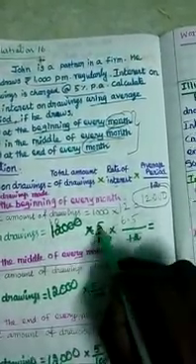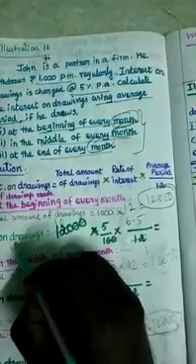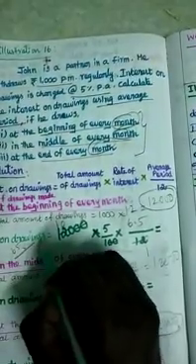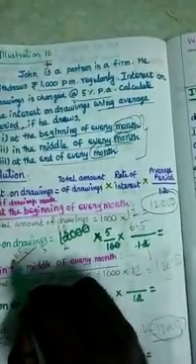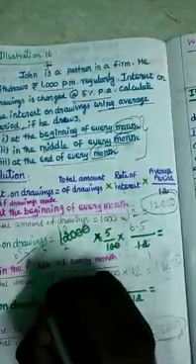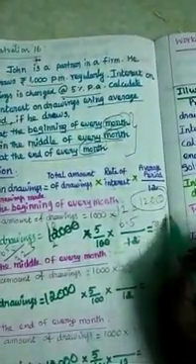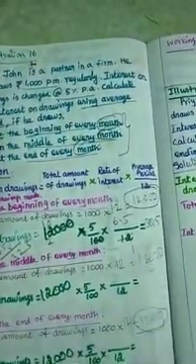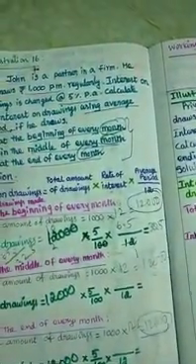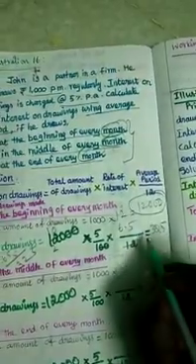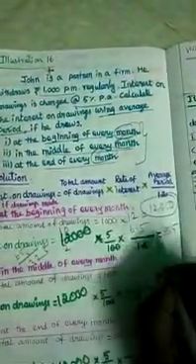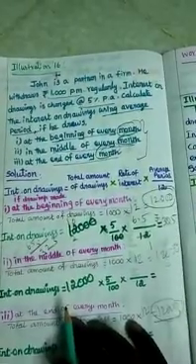Then 65 into 5: 5 fives are 25, 6 fives are 30, 30 plus 2 is 32. So we got the amount 325 rupees. That is the interest for the beginning of every month, the first situation.